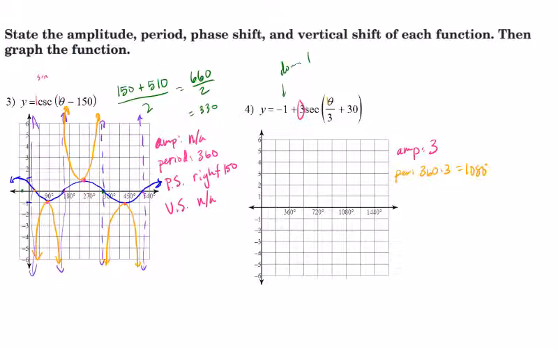All right, and then if I divide everything by 1/3 here, then I get theta plus 90, right? And so that means my phase shift would be left 90. And then finally, our vertical shift is down 1. All right. So phase shift left 90.